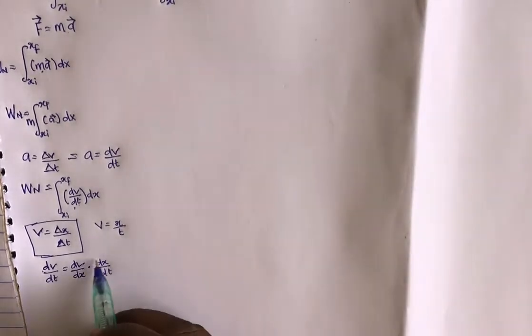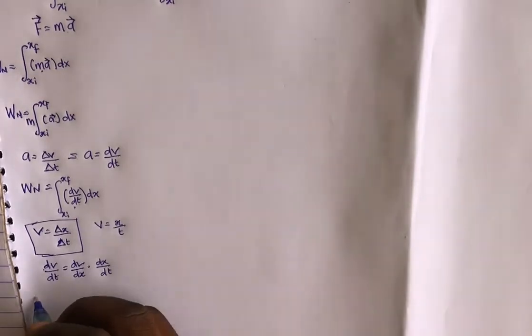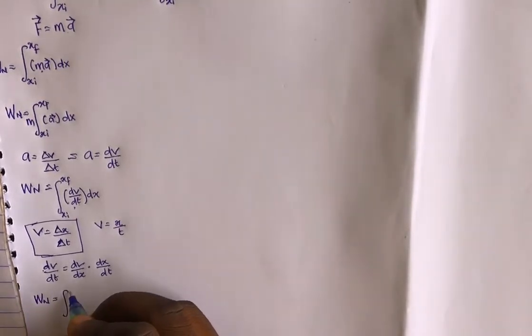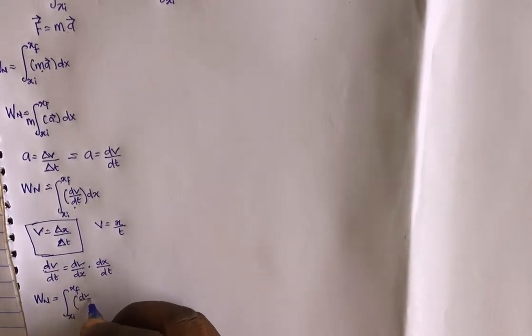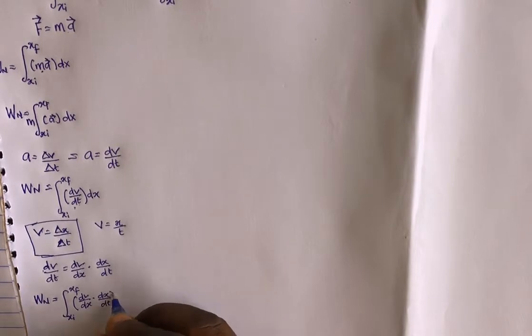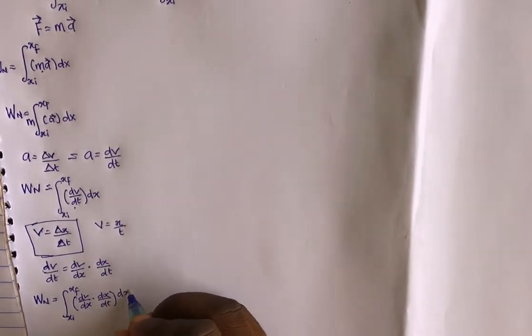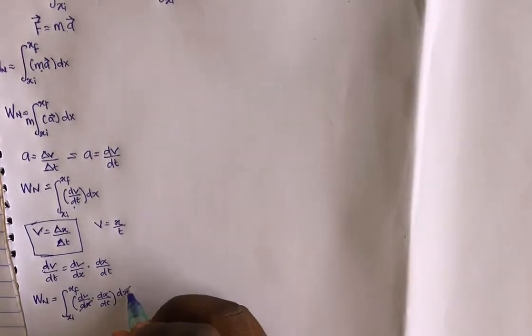It's very simple. But what do you think I can do here? I can replace this with this, so that I have net work done equals the integral from initial position to final position. Instead of writing dv/dt, I'll write dv over dx multiplied by dx over dt, with respect to dx. But this will cancel out this.